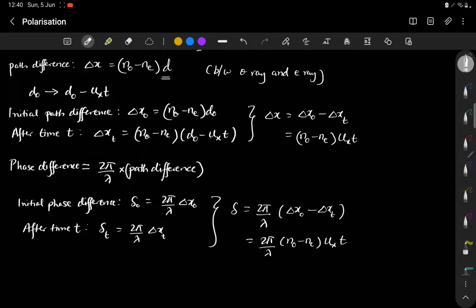So this is the phase difference that we will get after some time t.